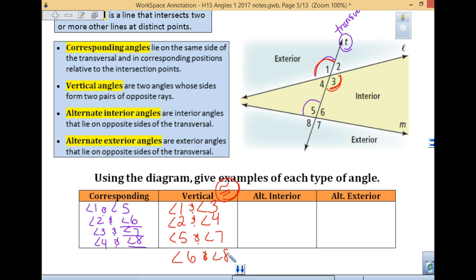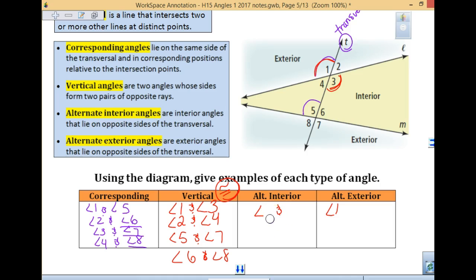Next one. Alternate interior. Key word here, interior. They even colored it interior and exterior. So if I look at angle 1, alternate exterior, angle 1.